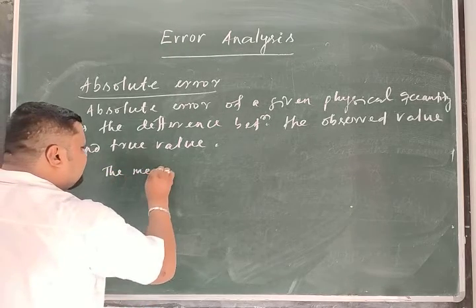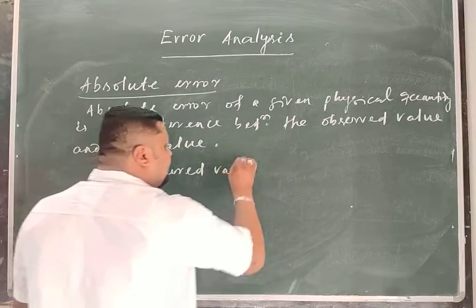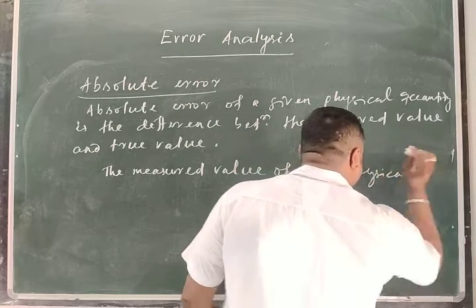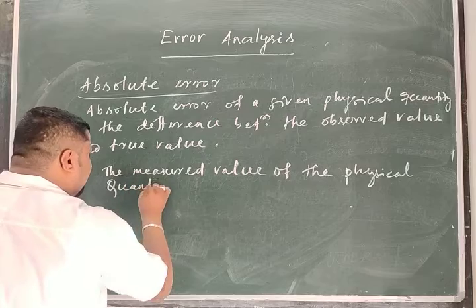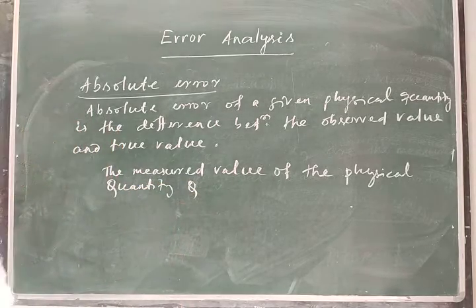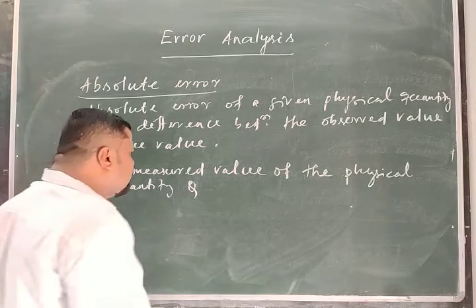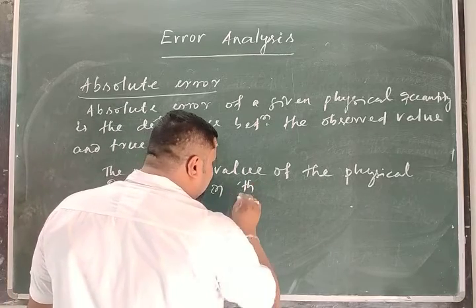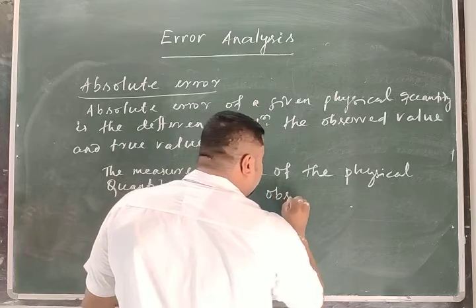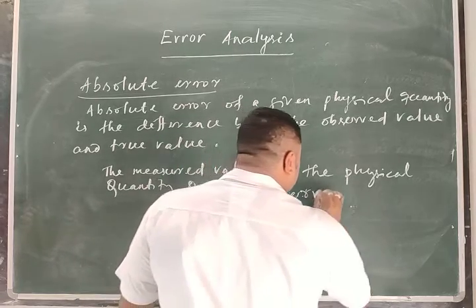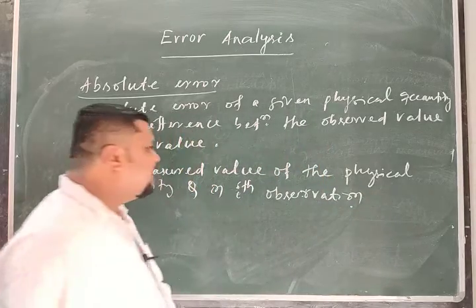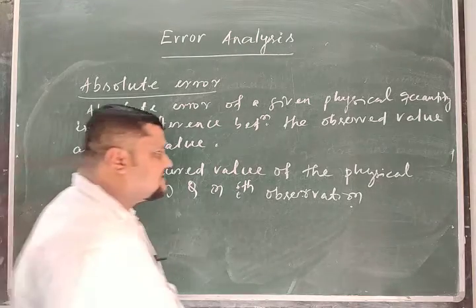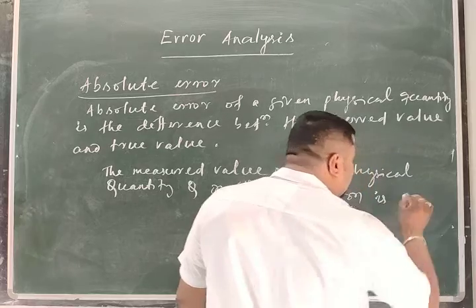The measured value of the physical quantity Q in the ith observation, where I have observed n times in total, is suppose xi.